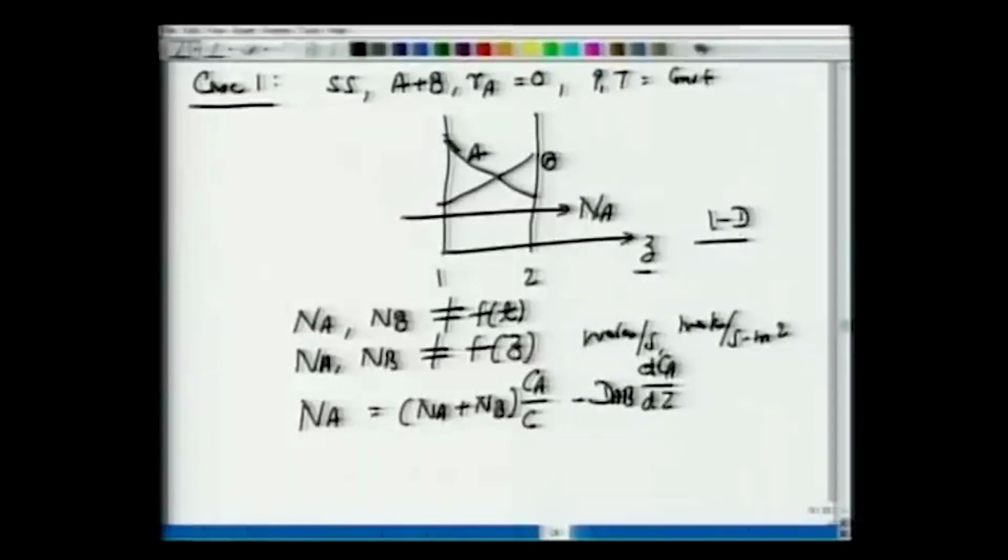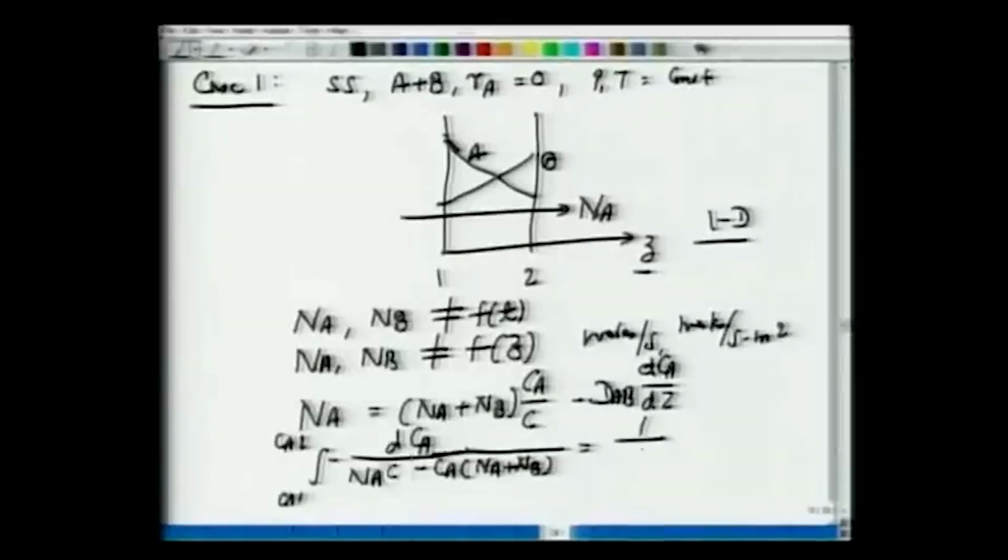Okay, and this equation can also be arranged and integrated. Since NA and NB do not change along the z direction, we can integrate from CA1 to CA2, between 1 and 2, dCA over NA minus CA (NA plus NB) equals 1 over C DAB dz from z1 to z2.